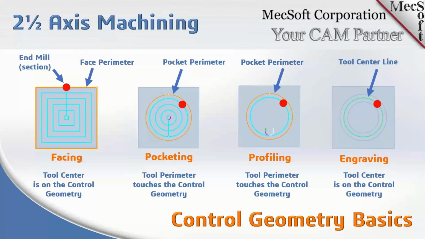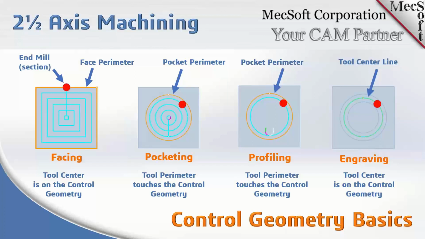Now, all the way to the right, which is a very versatile operation, you really should get to know your engraving operation. In engraving, the center and the tip of the tool will follow your control geometry wherever it goes. If that control geometry is tapered, or it's a 3D curve, you can use the 2.5 axis engraving to follow that curve.